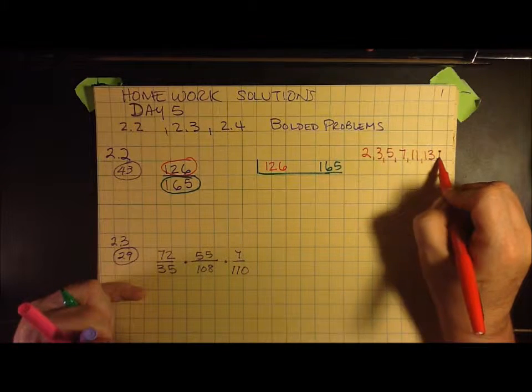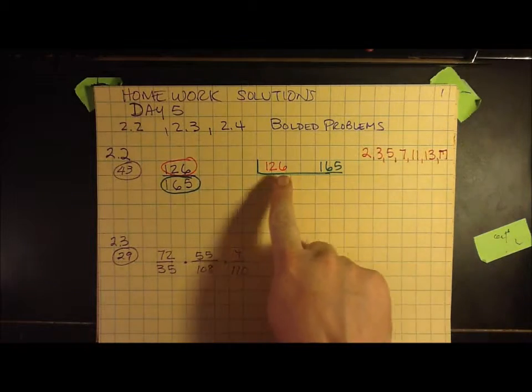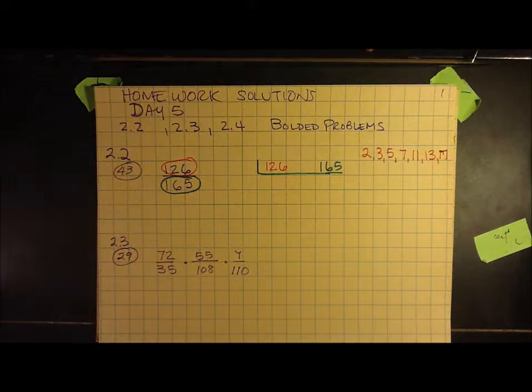There are many, many more, but those are the ones between 0 and 20. So what I want to do is use these to try to deconstruct or take those apart.